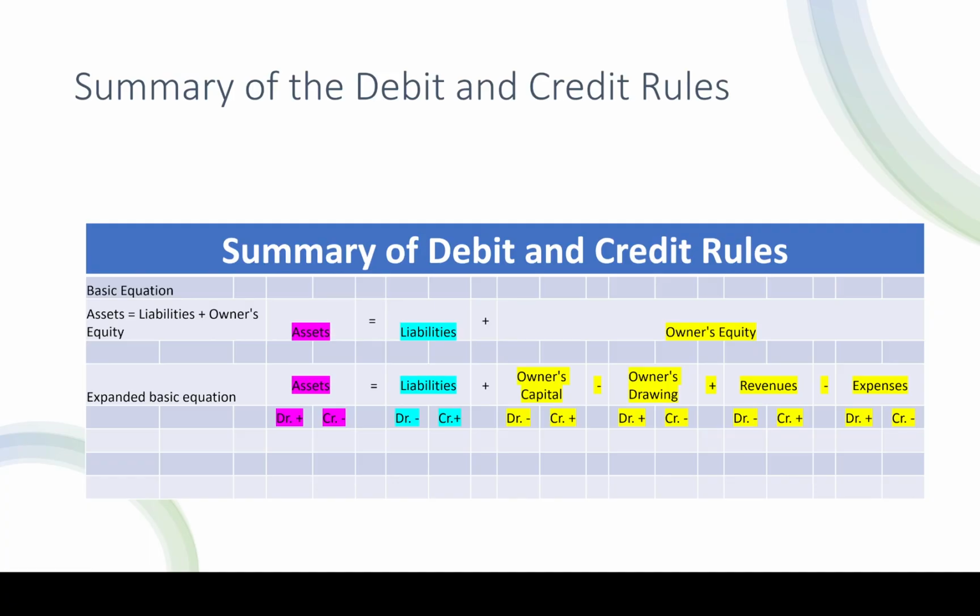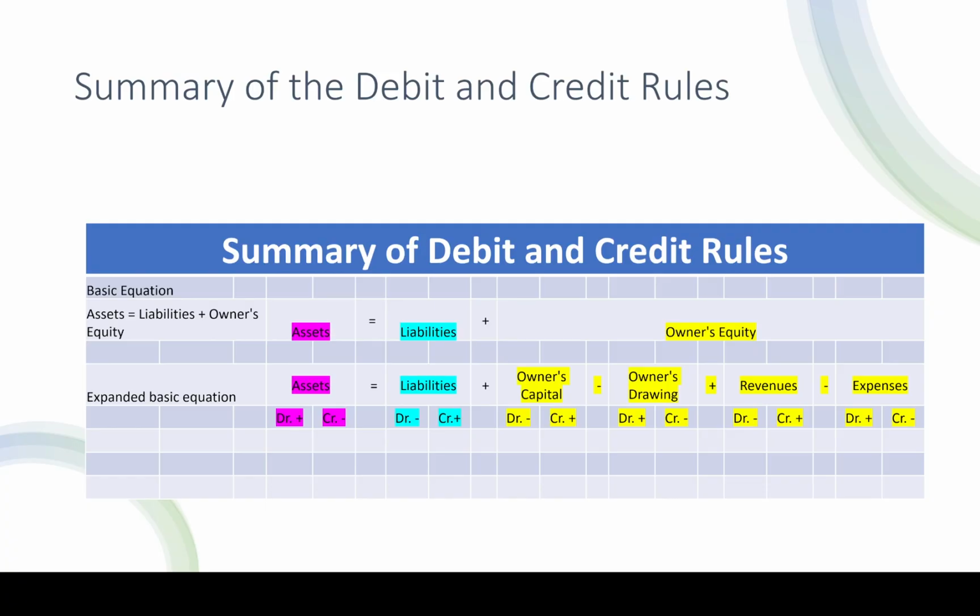So accounting has rules. There are some rules to learn, and with practice things make more sense. I would like to invite you to practice some of these debit and credit rules so that you have a better feeling of why it's like that.